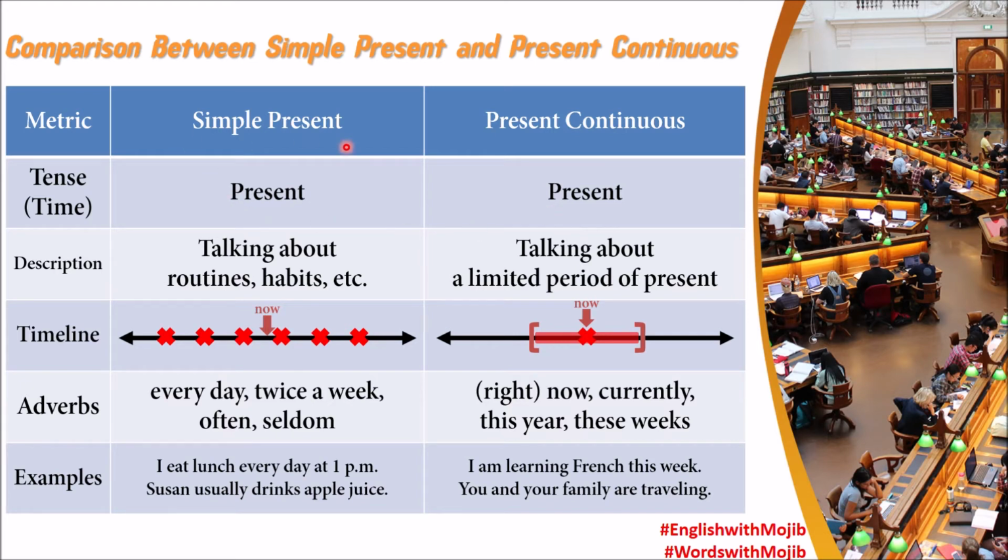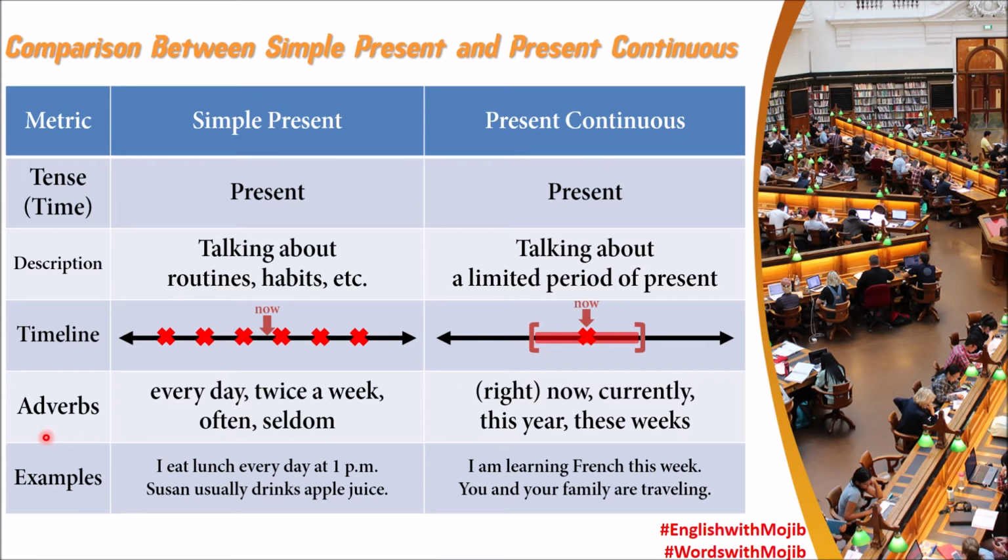But simple present talks about routines, habits, etc., whilst present continuous talks about a limited period of the present. As you can see on the timeline, simple present happens frequently or normally, but present continuous happens at the moment, now, or at a limited period, for example, today or these days.